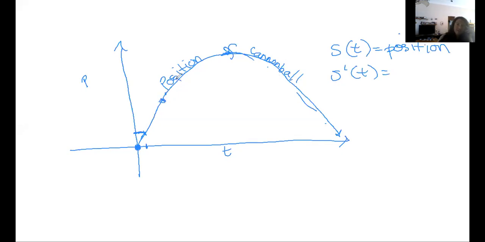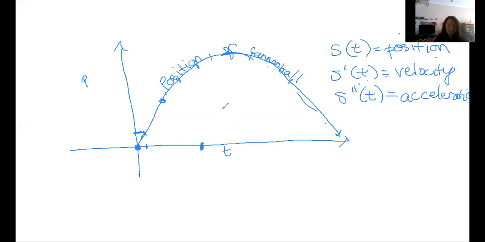How fast is it going? All I have to do is find the derivative, and if I wanted to know at any time, I could plug in that time, like 5 seconds, and it would tell me the velocity at 5 seconds. And if I took the derivative of that, I would know the acceleration, how it's accelerating. And that's why we're taking these higher order derivatives.